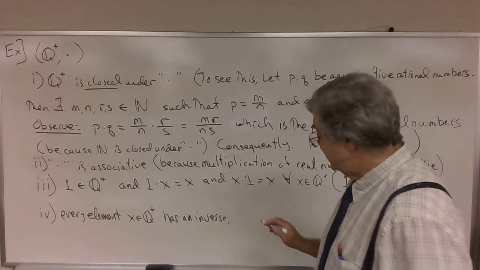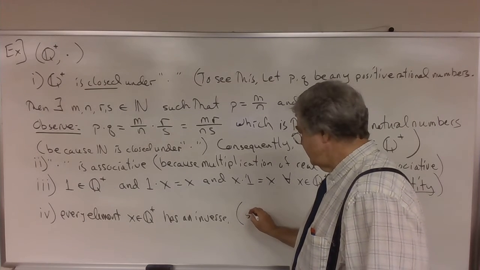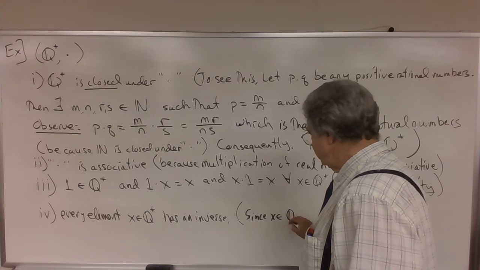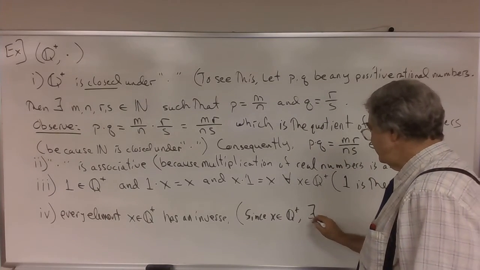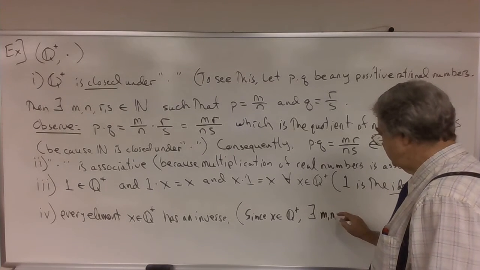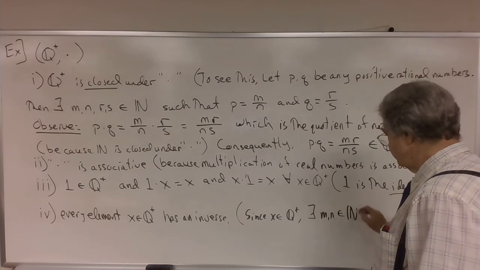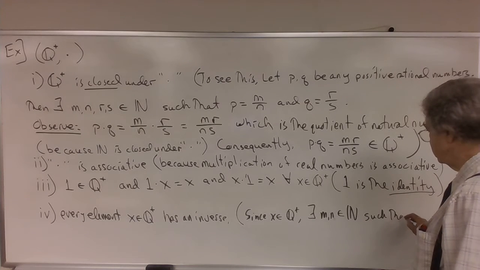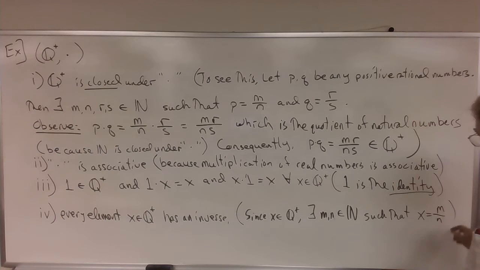Now to see this, let's note that since x is a positive rational number, there exist natural numbers m and n such that x equals m over n.